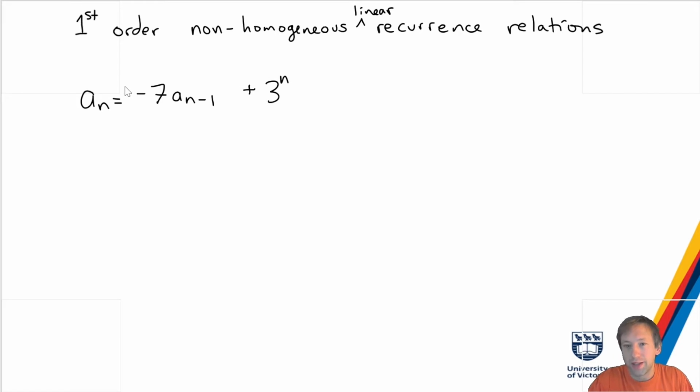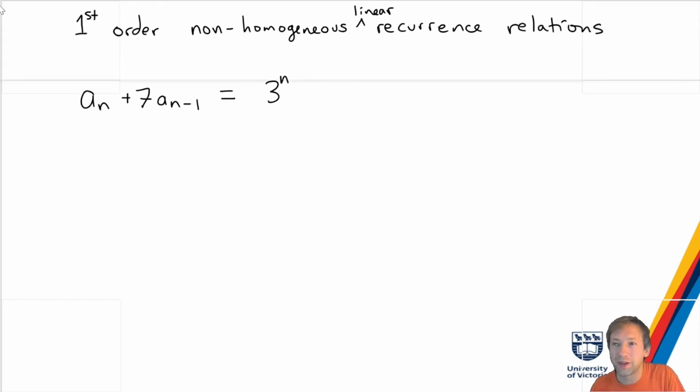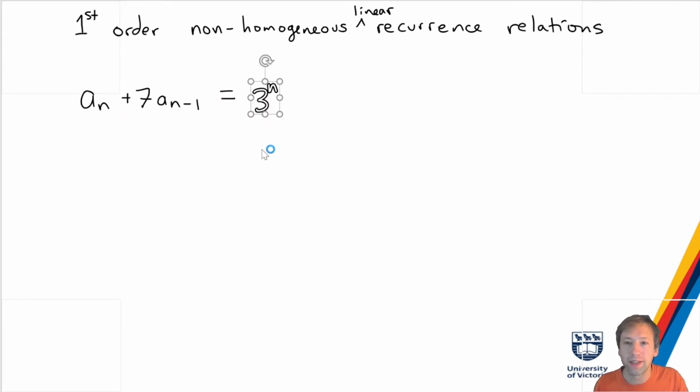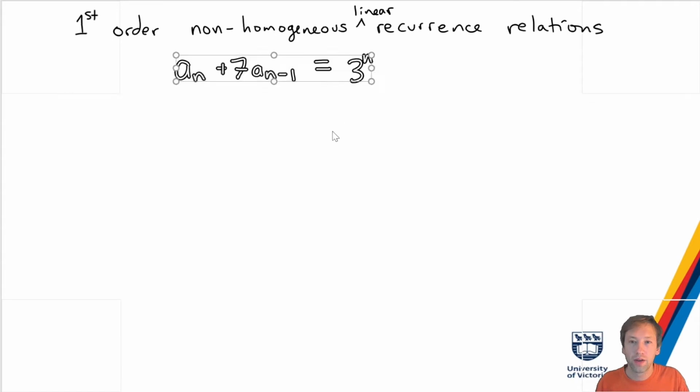So the way to do that is bring your an minus 1 and your an to the same side. So I'm going to write this as an plus 7 an minus 1. It's amazing what I can do with the technology rather than writing on the board. I can just drag things around. So we bring this to the same side, and we have that it's equal to 3 to the n. Right?